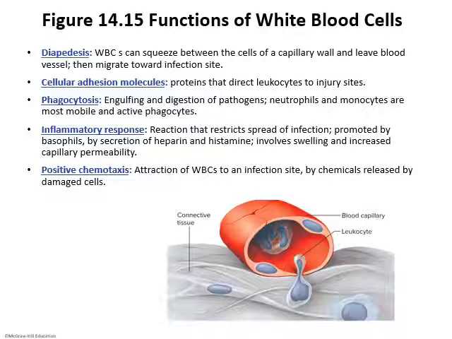And it's going to have things like swelling due to increased blood supply to that area. The redness is due to that increased blood supply. The pain is due to some of the chemicals that are released at that time. And it also allows for capillary permeability so that the white blood cells, antibodies, different chemical molecules can get through the wall of the capillary and into the affected tissue.